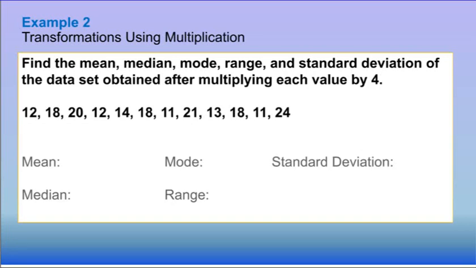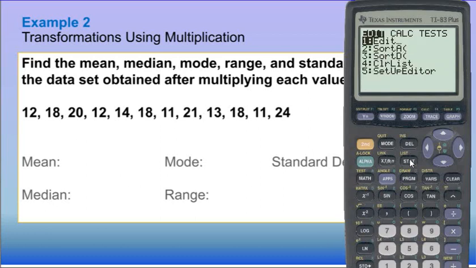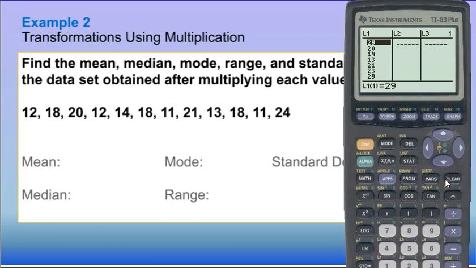Next, find the mean, median, mode, range, and standard deviation of the data set obtained after multiplying each value by 4. So here we go to stat, edit, clear everything. So we have 12 times 4, 18 times 4, 20 times 4, 12 times 4, 18 times 4.